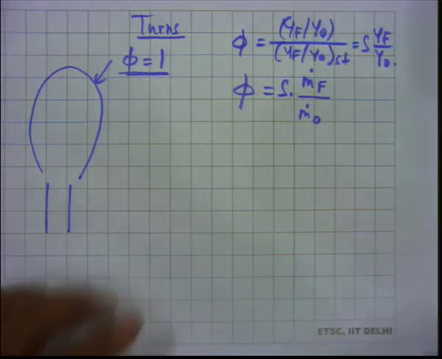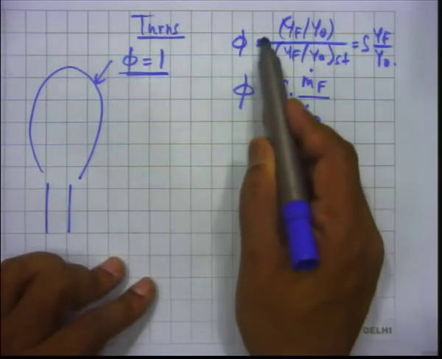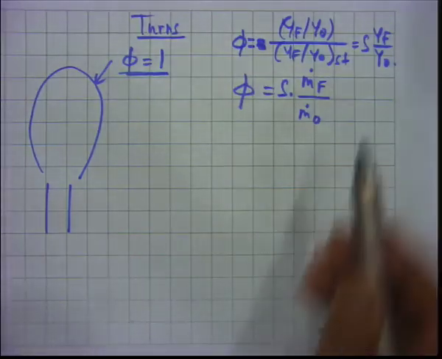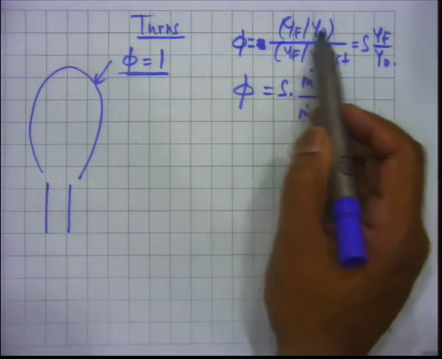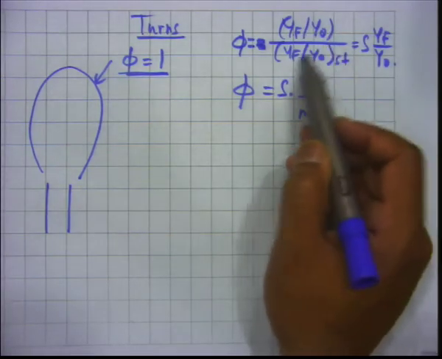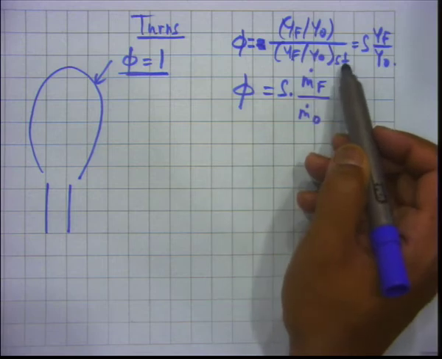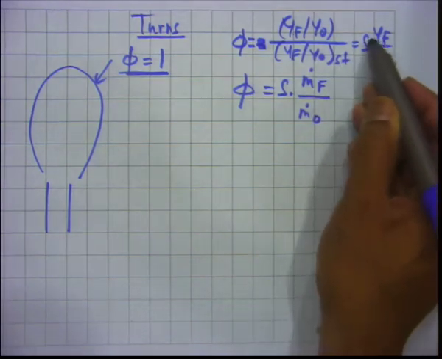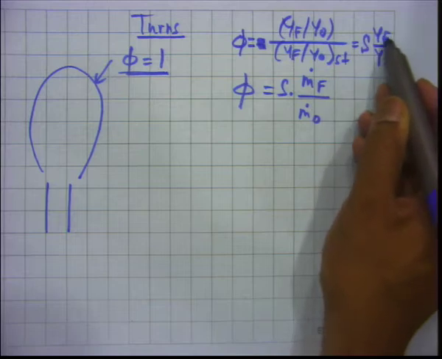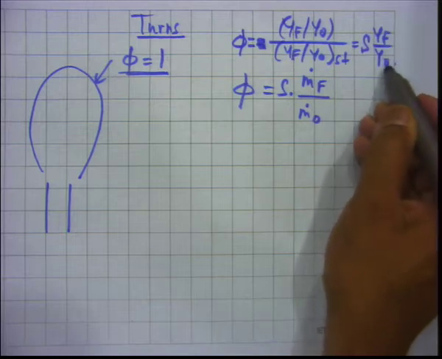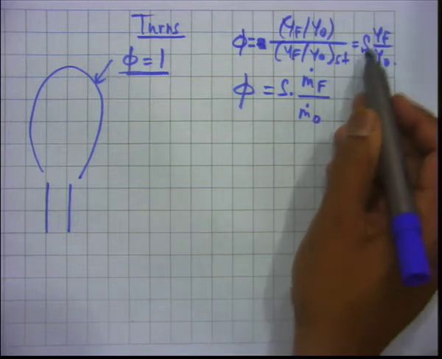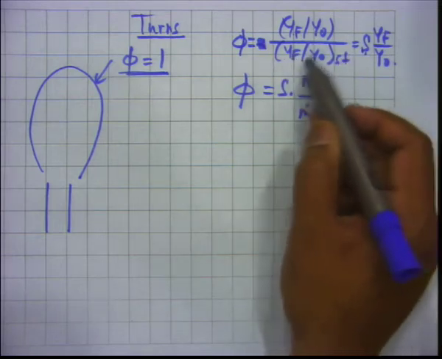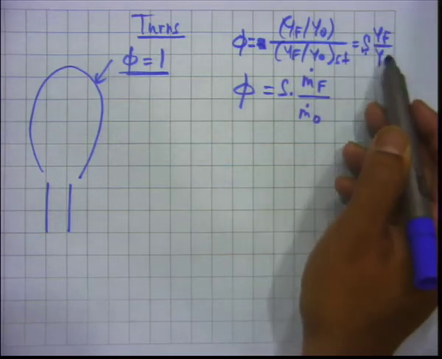This is phi, following the usual definition that we did at the beginning of the semester. So, it is fuel oxidizer ratio actual divided by fuel oxidizer ratio stoichiometric, and that is written as s multiplied by YF by YO. Where has s come from? s has come from here. So, this is the usual phi.